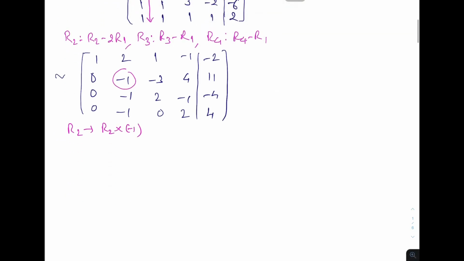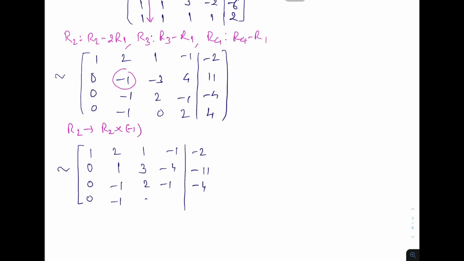So now the matrix is 1 2 1 minus 1 minus 2, 0 1 3 minus 4 minus 11, then 0 minus 1 2 minus 1 minus 4, 0 minus 1 0 2 and 4.